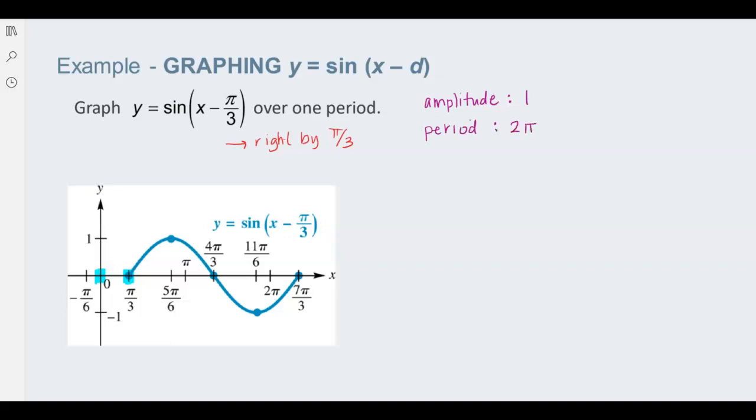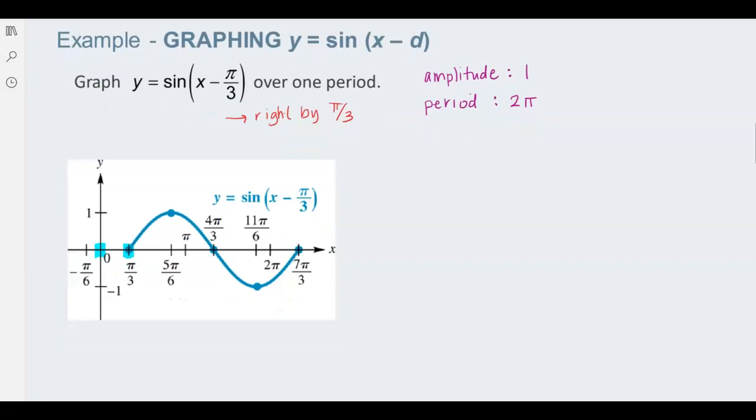We don't have any number that's multiplied here by the x, so the period hasn't changed. And so when we think about the x and y values, normally the period starts at 0 and would go to 2 pi in this case.